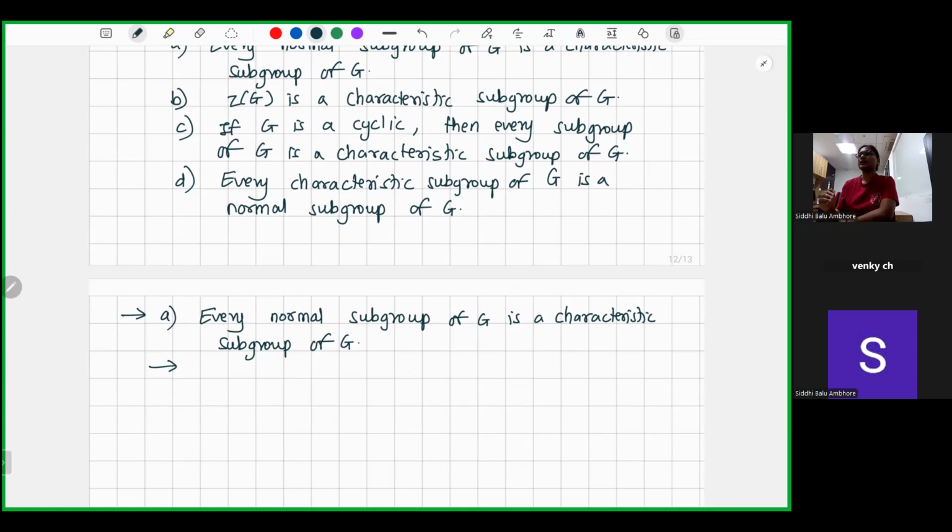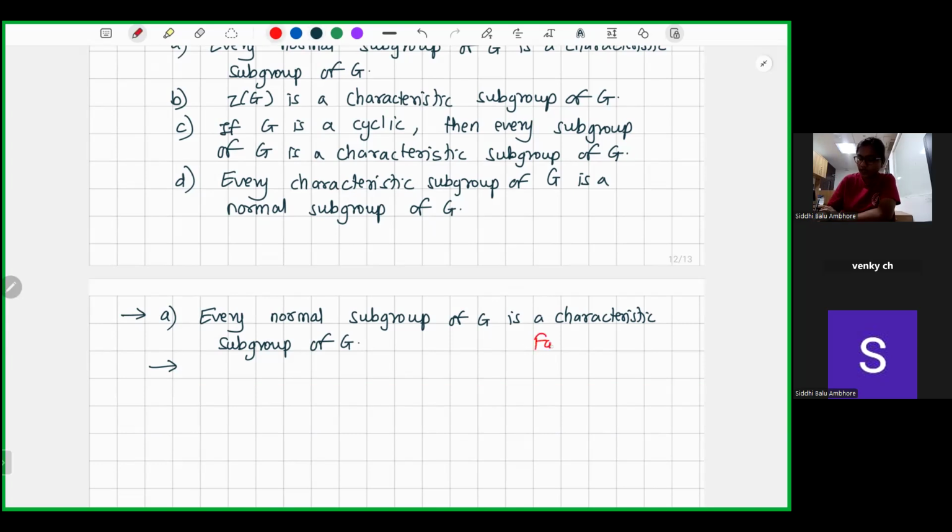If you want to give a counterexample, just give me one group G, one automorphism, and a normal subgroup such that the image of an element under that automorphism does not land in that subgroup.